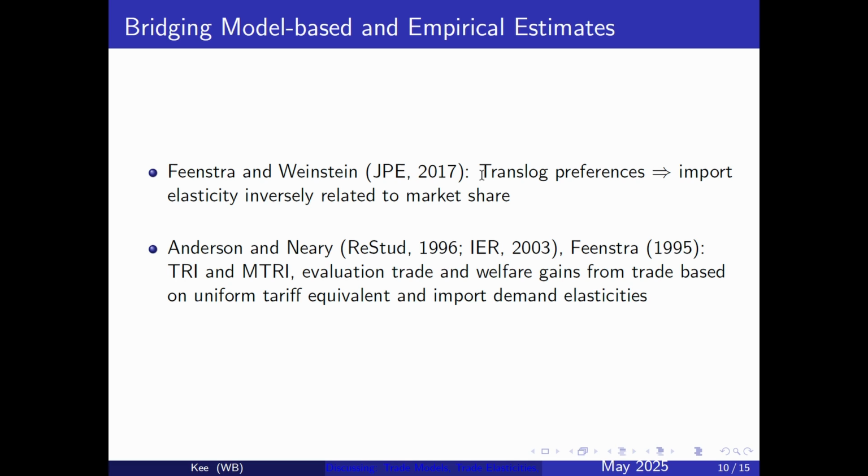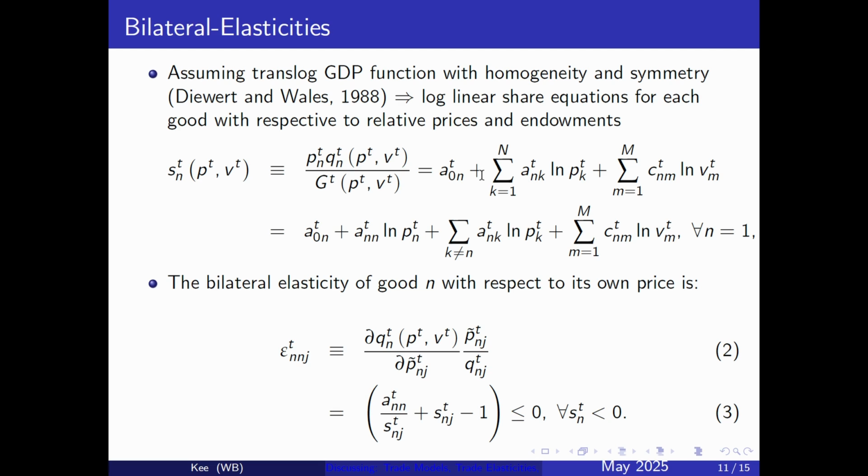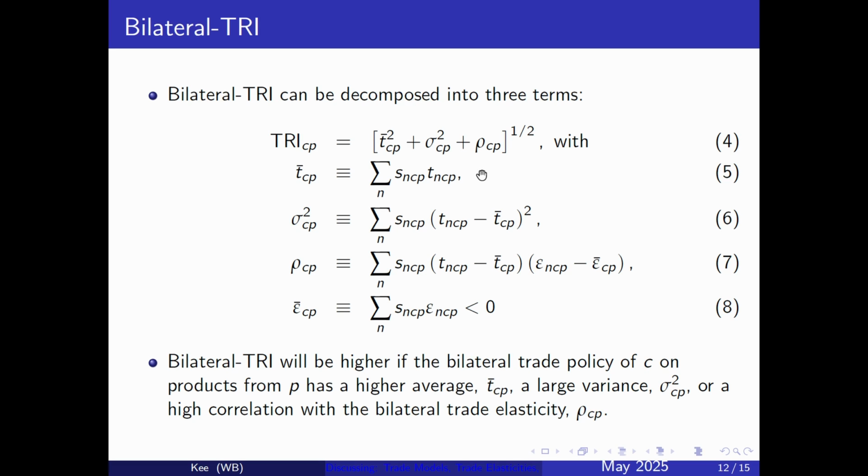And then there is the work of Jim and Peter, saying that perhaps we can evaluate welfare gains from trade, not using a model, but using something called the Trade Restrictiveness Index. And here, Feenstra's work with his teacher, Weinstein, tells us how to estimate product-level trade elasticity, as well as how to evaluate bilateral gains from trade using TRI work.